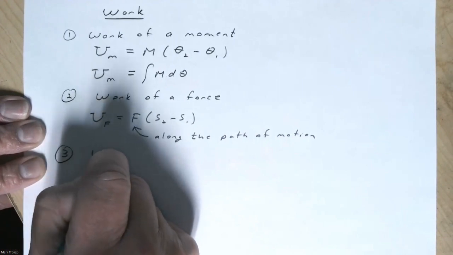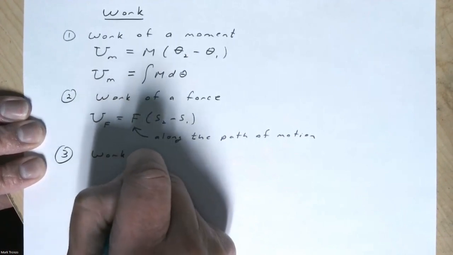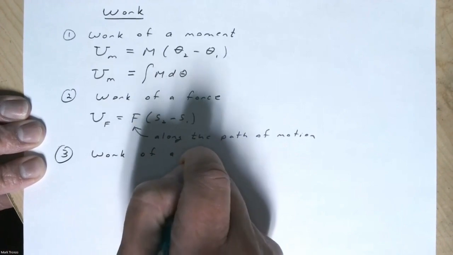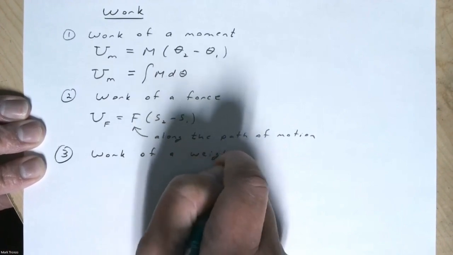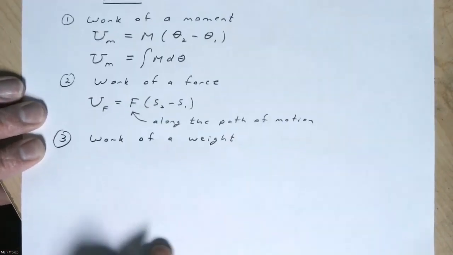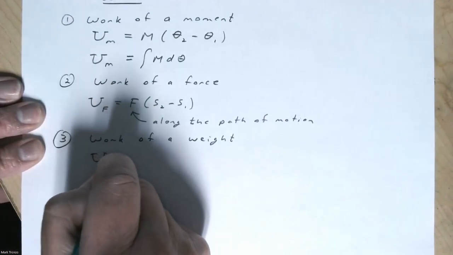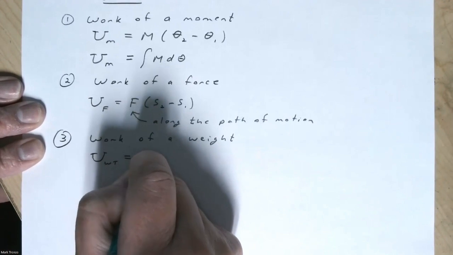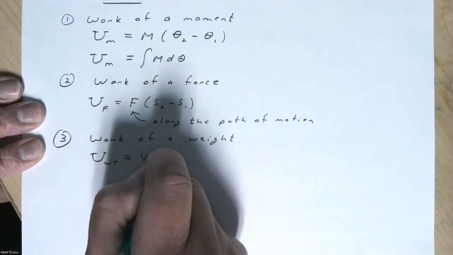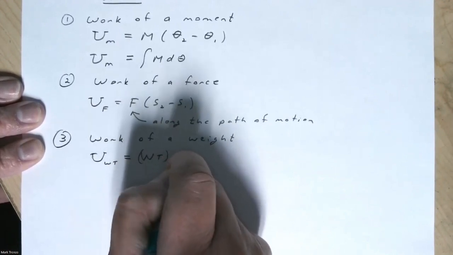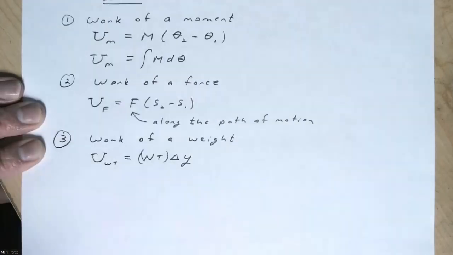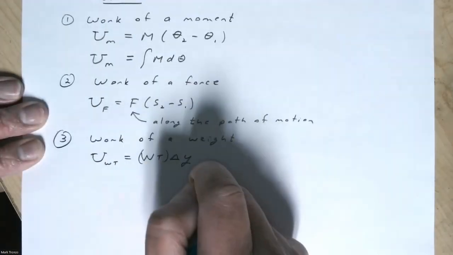And 3, the work of a weight. That would be your weight times the change in height, the change in vertical height.